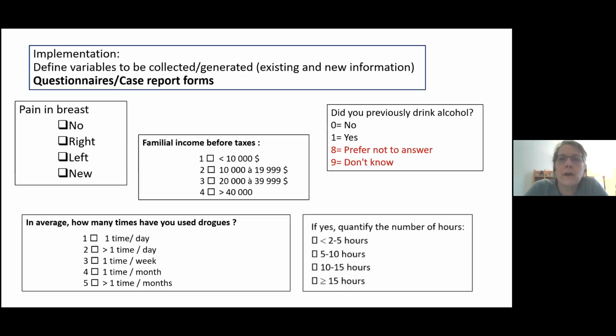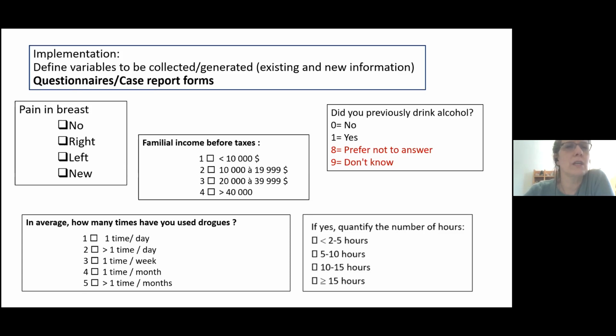Let's take a couple of additional examples, and those are real examples that I've seen. So I didn't invent bad ways to ask questions. Here you have an example with pain in breast: yes, no, right, left, new. That's not a variable.